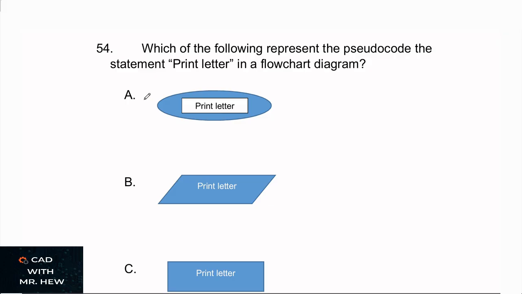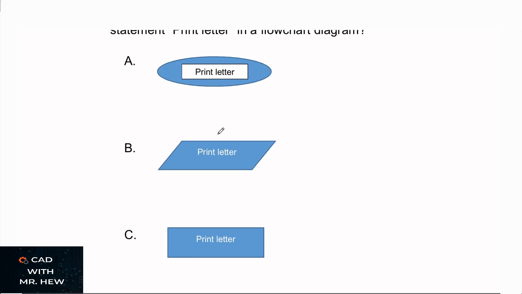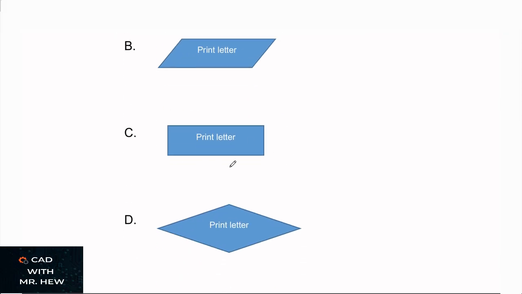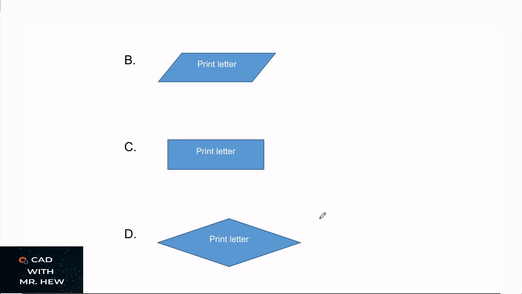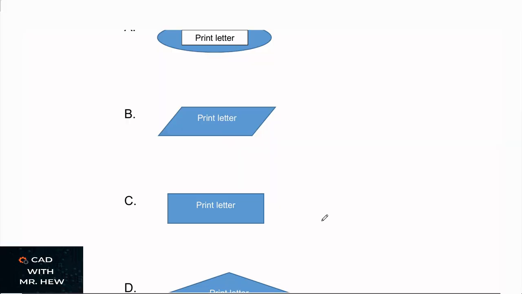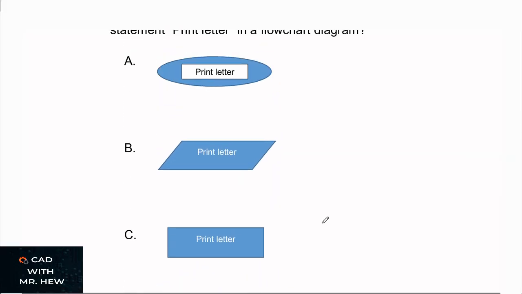So we have A, we have print letter in this oval. B, we have the print letter in this parallelogram. C, we have print letter in this rectangle. D, we have print letter in this diamond. So which one would be the correct answer? A, B, C, or D? The correct answer is B.